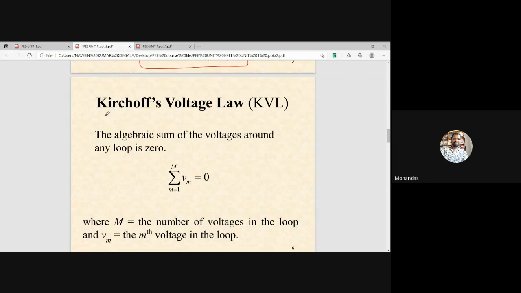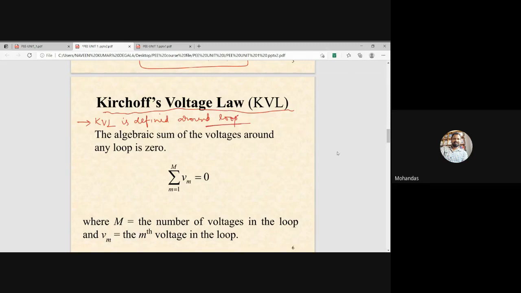Next, this is the second law, Kirchhoff voltage law. KCL, Kirchhoff current law, is defined at a node. KVL, Kirchhoff voltage law, is stated around a loop. A loop is any possible closed path in a circuit.